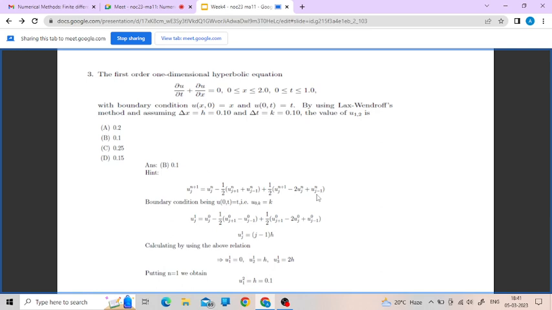Solve this. Are you getting this? Calculating the above relation, what you will get: u 1 1 equals 0, u 2 1 equals h, u 3 1 equals 2h.